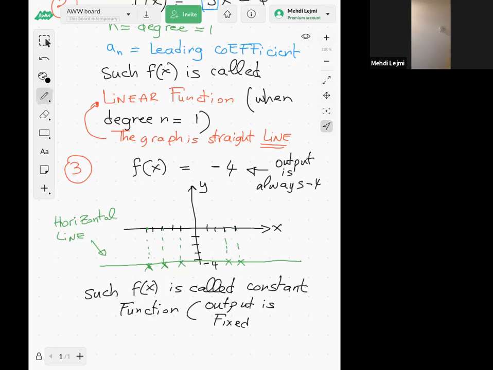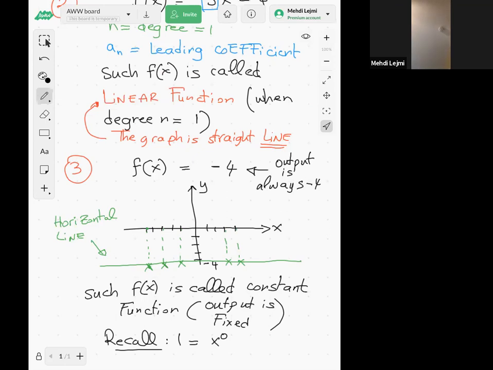Now, why is this constant function, this -4, a polynomial? You may say we don't see any power of x. Well, remember, 1 is equal to x to the power 0, since any non-zero number to the power 0 is equal to 1.